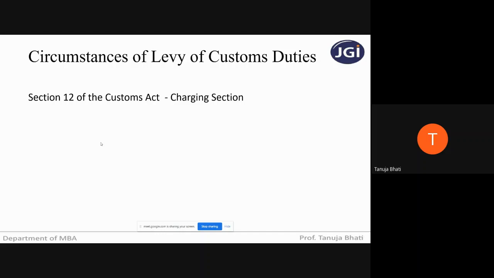The import of goods will commence only when the goods cross the territorial waters, and will be completed only when the goods become a part of the mass of land within India. Suppose we are importing goods from USA, it will be termed as an import only when the goods are crossing the territorial waters of India. Then from the territorial waters they reach the mass land of India, that is either the customs airport or, if by ship, the customs port.